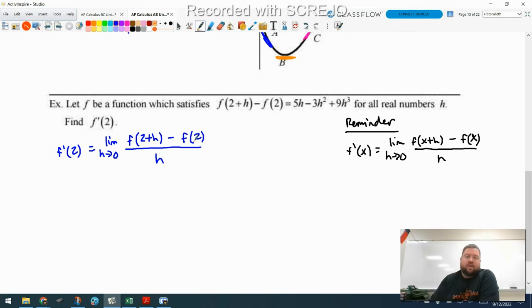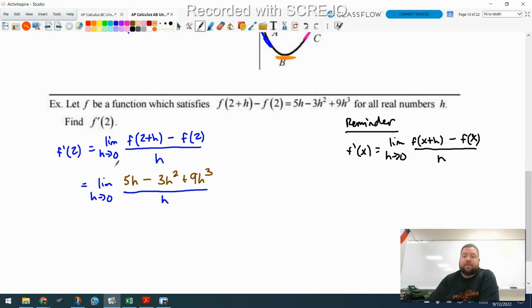Okay, and now we can't solve that limit because plug in 0, you get 0 over 0. But I can do a substitution. All right, so this is equal to the limit as h approaches 0, and then on top, I'm plugging this in, 5h minus 3h squared plus 9h cubed, and then that's all over h. Okay, and then we're just doing some algebra.